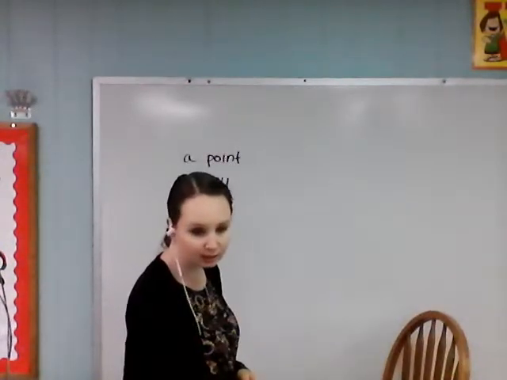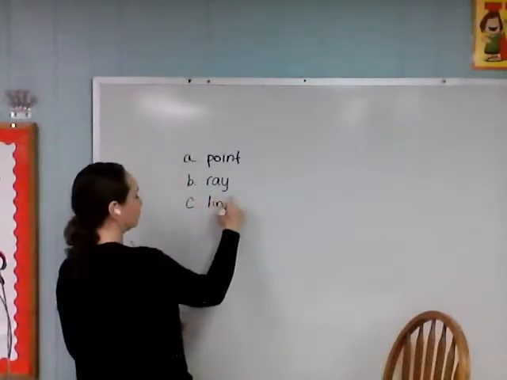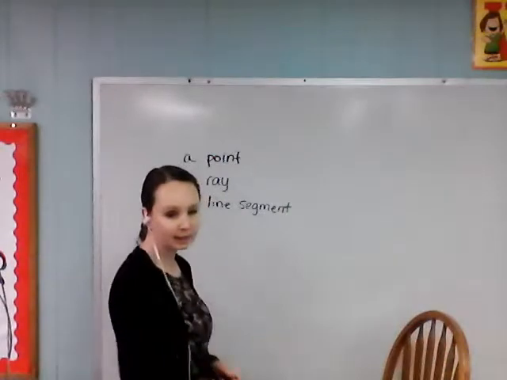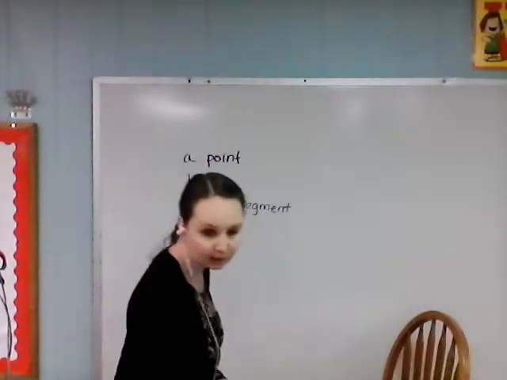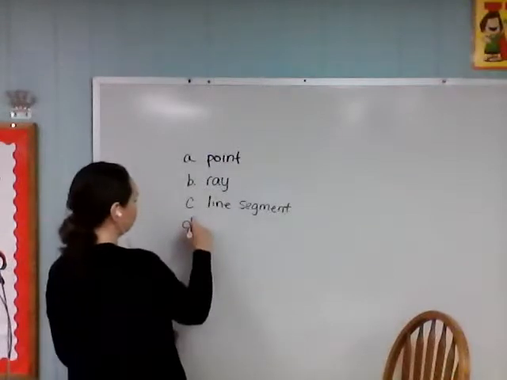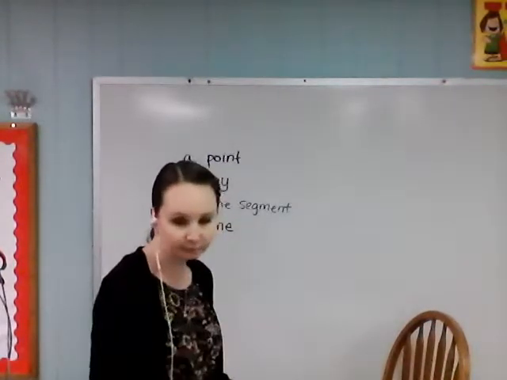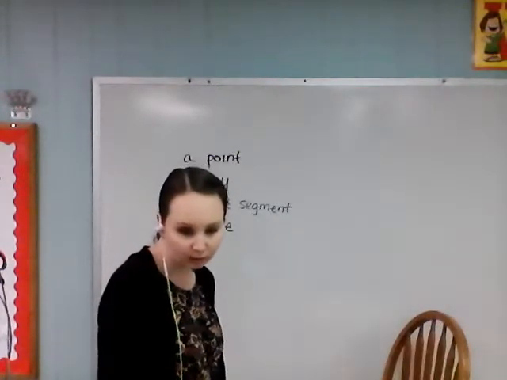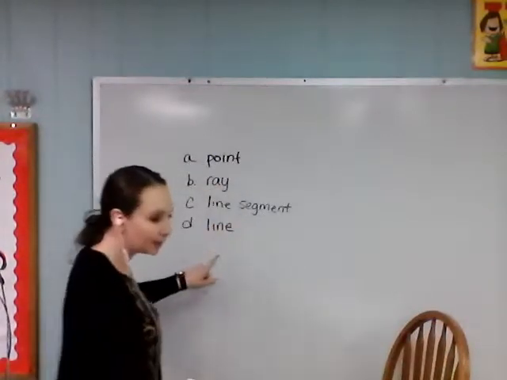Julia, what is C? A line segment. Very good job. I'm happy to hear that you learned this last year. That's good. Line segment. Arnon, what is D? It is good. D is a line. Victoria, I'll help you with that after this, okay? Let's see. So point, ray, line segment, line.